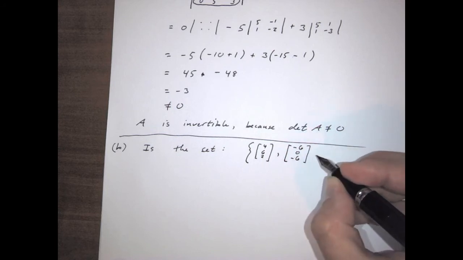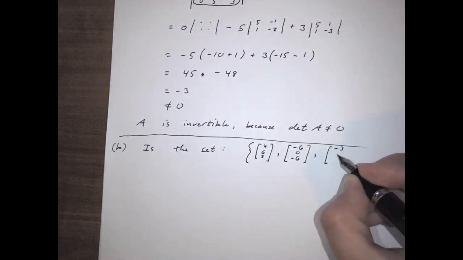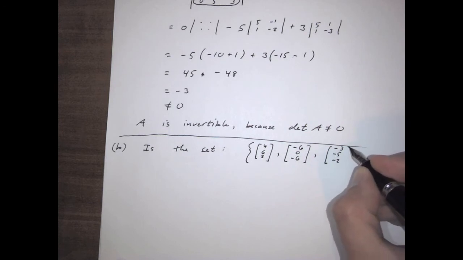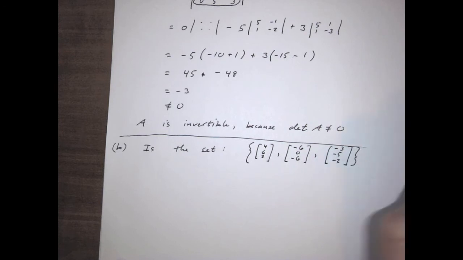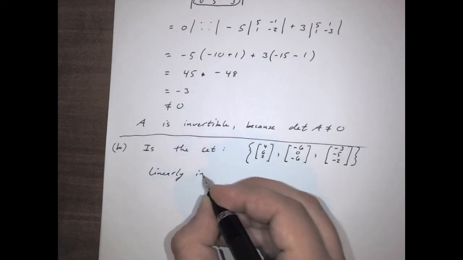And then negative 3, negative 5, negative 2. So is this set linearly independent?